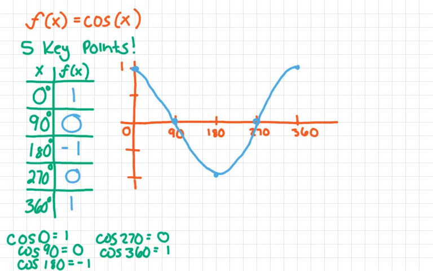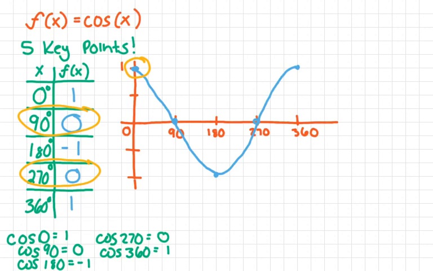As with the sine curve, we can start to recognize some of our basic values that go along with this curve and recognize some important points. The first is going to be that our y-intercept is going to be at the point 0 degrees, 1. Our roots for our cosine function are at 90 degrees and 270 degrees.